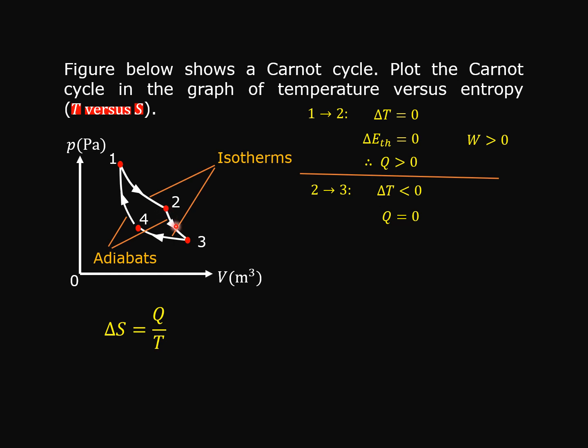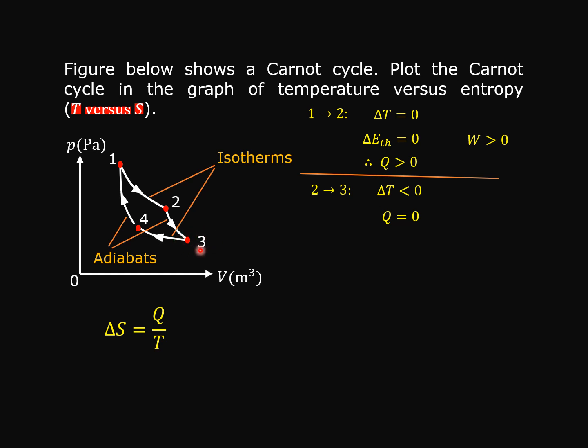From state 2 to state 3, through the adiabatic process, the temperature of the gas drops. That means the temperature T2 is larger than the temperature T3, because state 2 lies on this isotherm and state 3 lies on this isotherm, and this isotherm is located to the right compared to this isotherm.